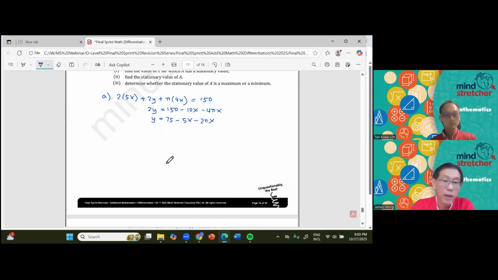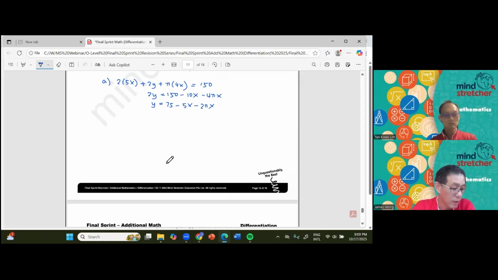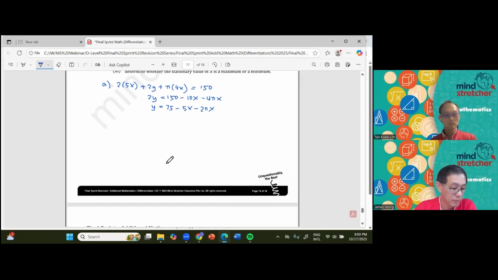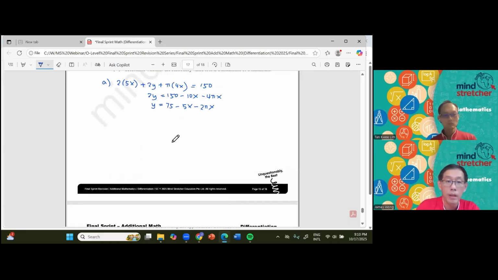So let's take a look at part B. Part B is to show that the area is given by this expression here. Again, it's not too difficult. We can also find the area.